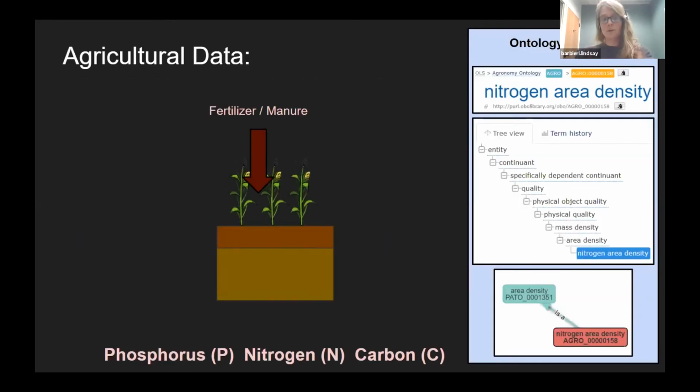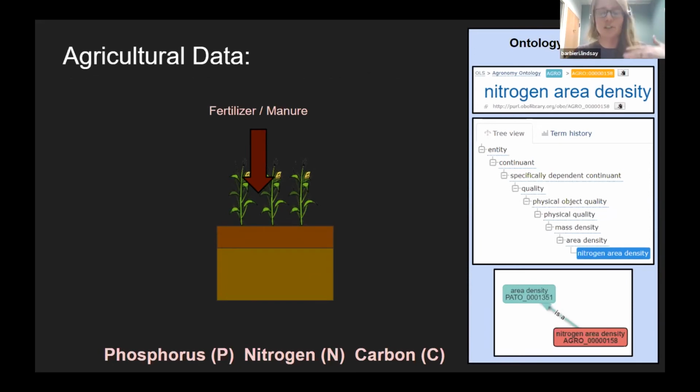I just wanted to give a quick example about the data that I collect and the ways that I was starting to think about this, particularly with Pierre Luigi. I think about the fertilizer and the manure that are going on the field. There are nutrients here, and on the right is an example of an ontology term that could be useful.